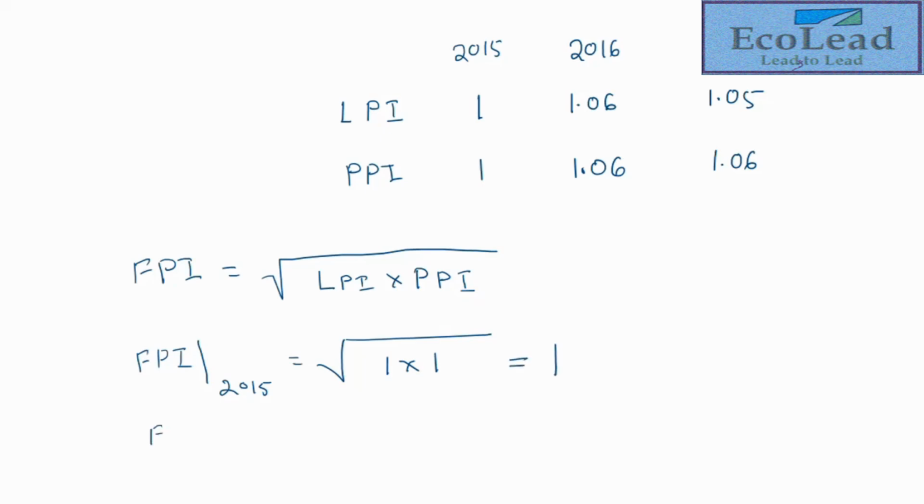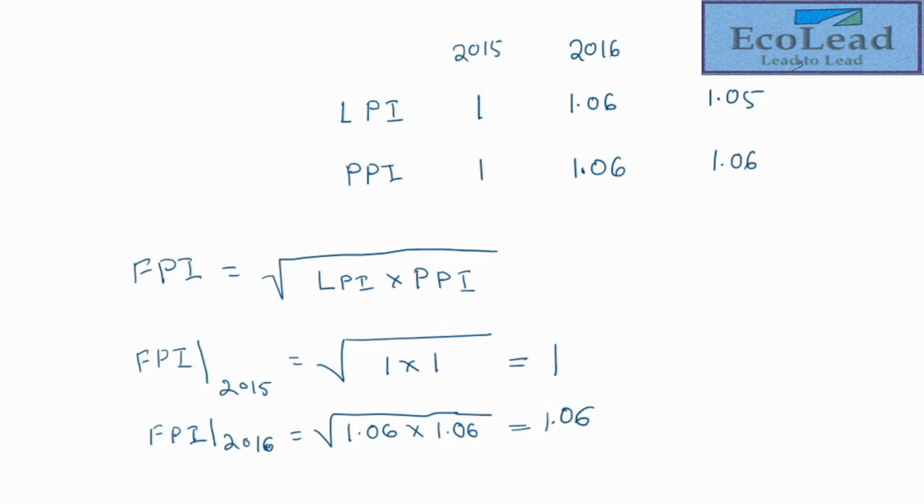For the year 2016, it will be root of 1.06, LPI into PPI will be again 1.06, so the value for Fisher's price index will be 1.06.